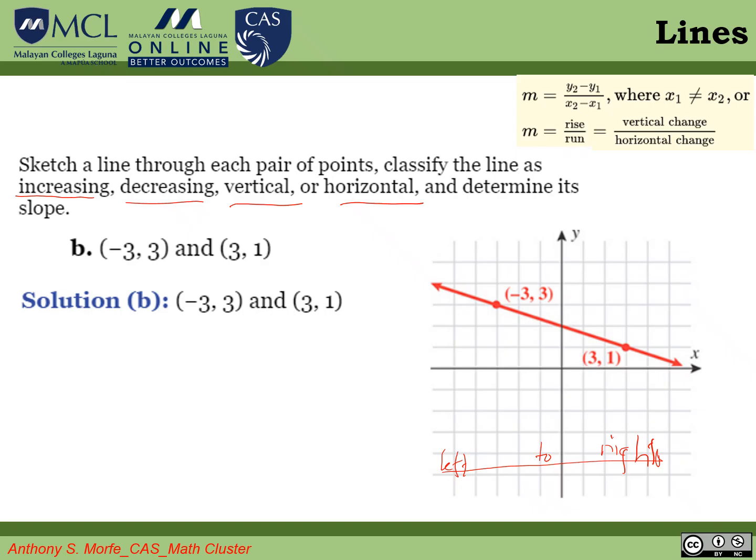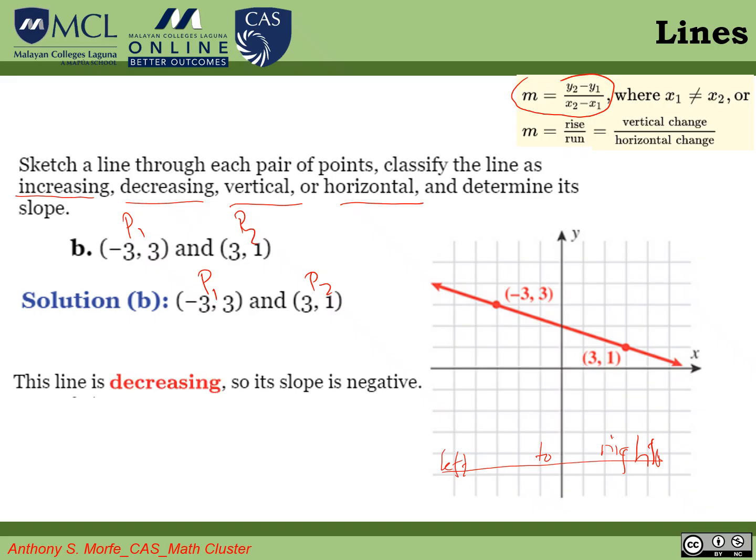You can assume this as your P1, this is your P2, they are the same. You can use this formula once again to calculate the slope. And as shown here, the line is decreasing when you read it from left to right. So the slope therefore is negative.